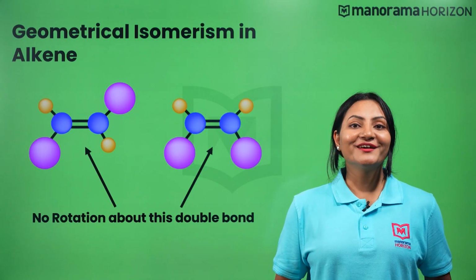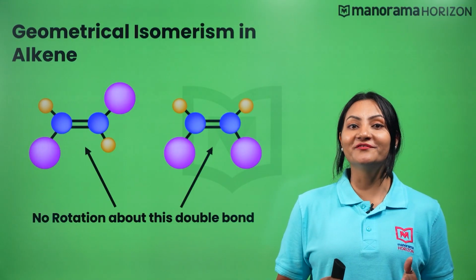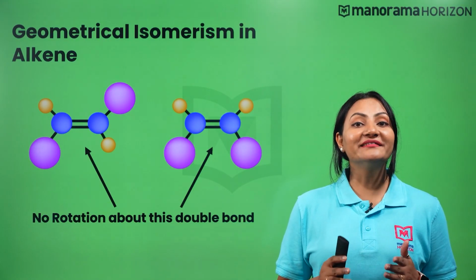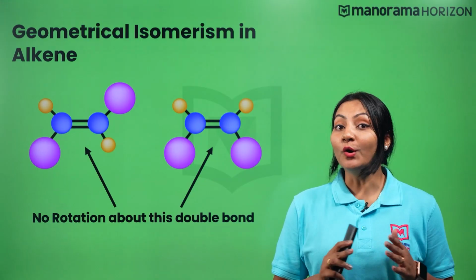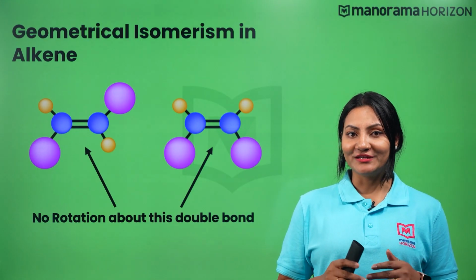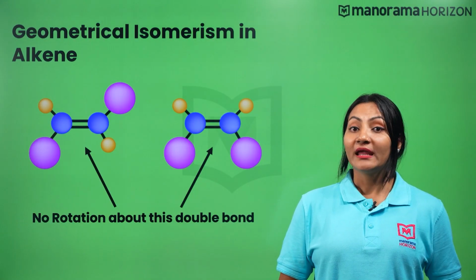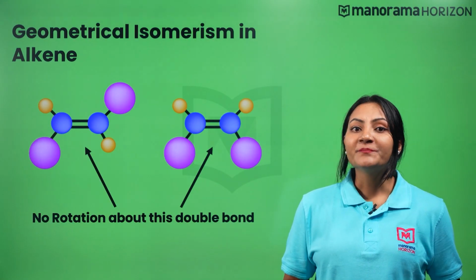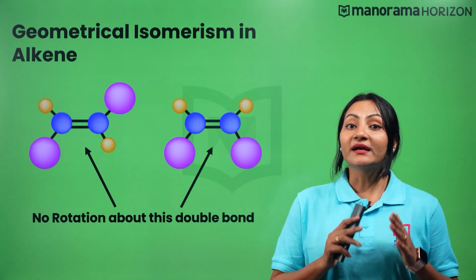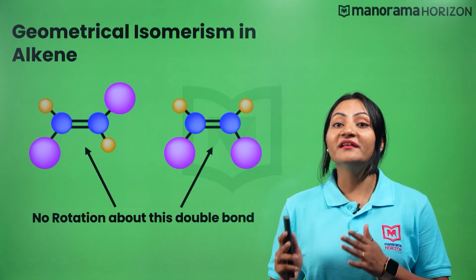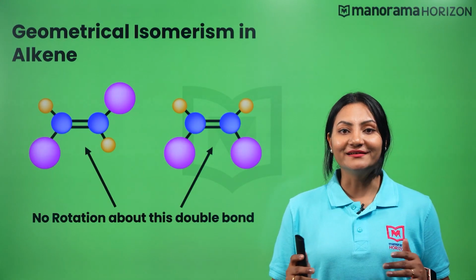For this purpose, 250 kJ per mole of energy is needed, which is not available at room temperature unless supplied from an outside source. In other words, the rotation about the carbon-carbon double bond is restricted or hindered.